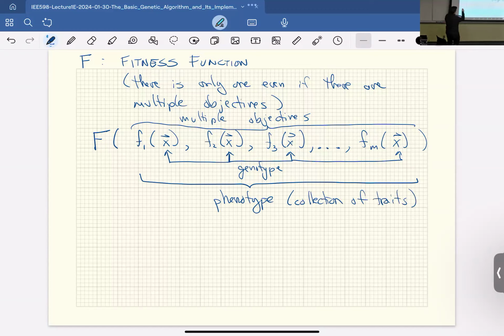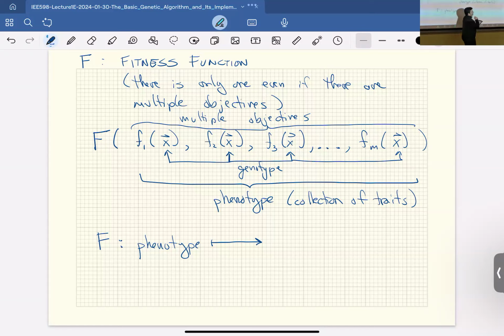And so the fitness function is effectively mapping every phenotype to a value that can be used for ranking.